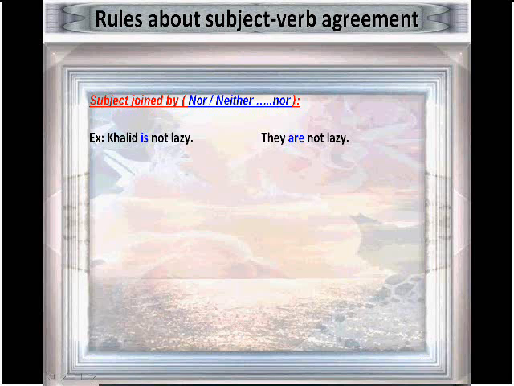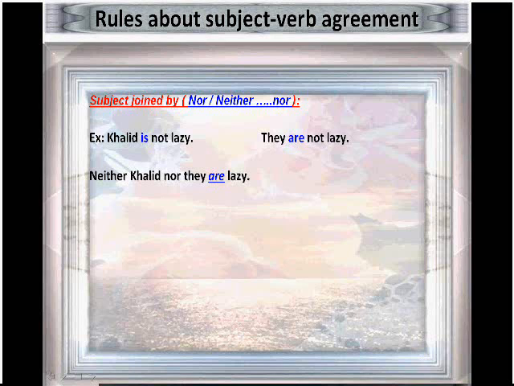They is a plural subject, so the verb are is plural because, as we said, subjects and verbs agree if they are singular or they are plural.